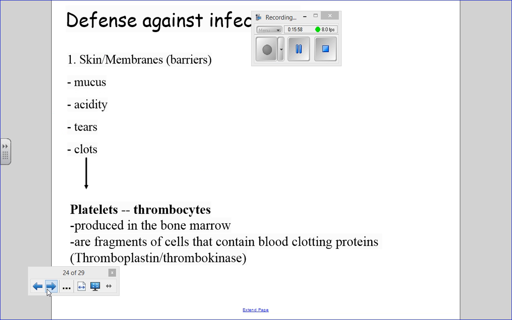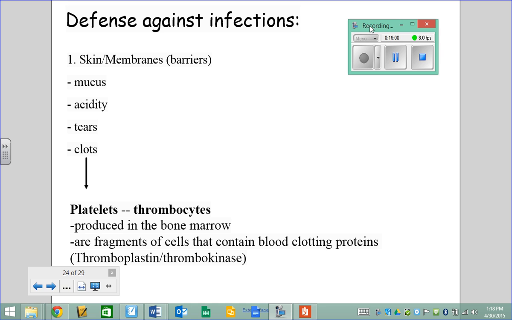So, how does your body defend against infections? Well, before we even get to your blood, which is the main focus here, you have your skin and all of the membranes that surround your tissues. They are acting as physical barriers, trying to stop these pathogens from getting into your system.